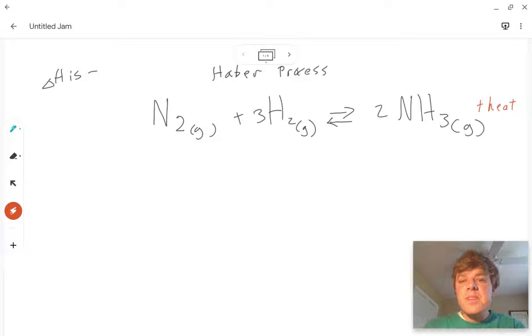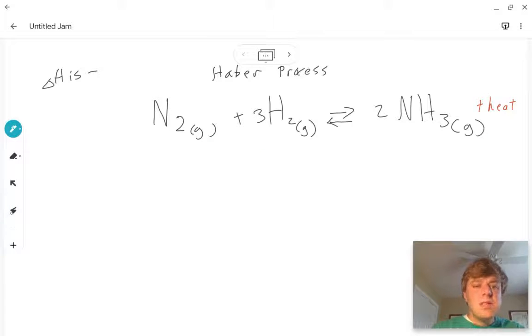And so the Haber process allows us to take nitrogen from the air plus hydrogen gas and combine it to make ammonia that can then be used to synthesize the fertilizer. Now, this reaction has a very small K value. In other words, this reaction favors the reactants. It does not go very far to completion.